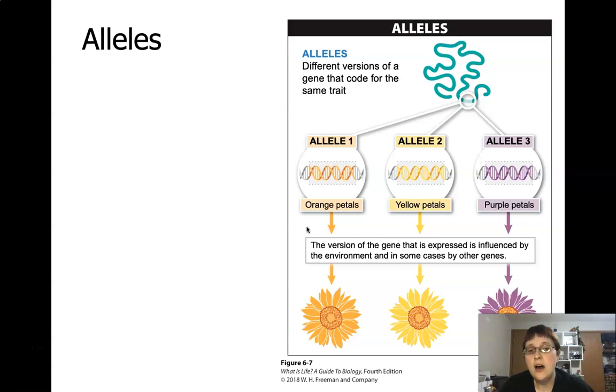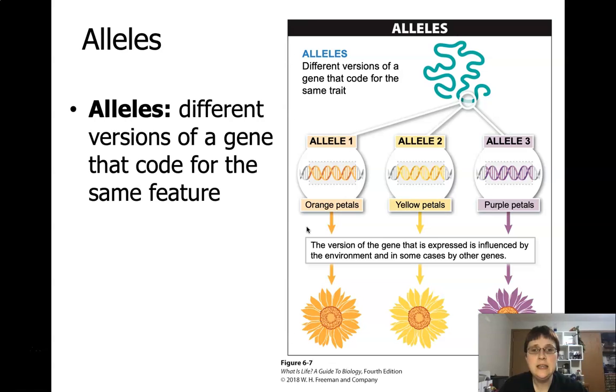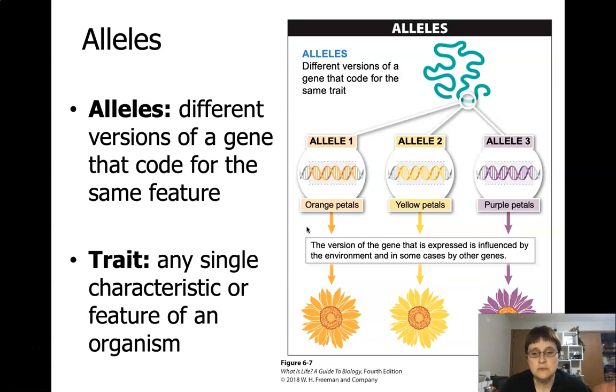Now, I also want to talk a little bit about genes. Genes, talked about previously, are those sections of the DNA that code for a characteristic or a trait, and alleles are just different versions of a gene that code for the same feature. All right. So, just so that we're all on the same page, traits are any single characteristic or feature of an organism.